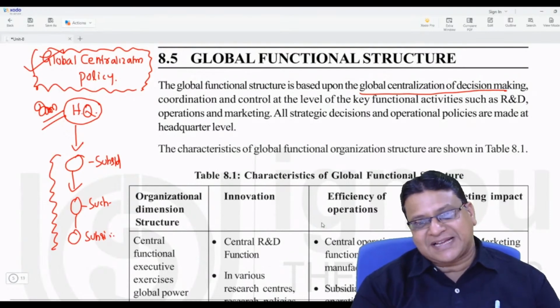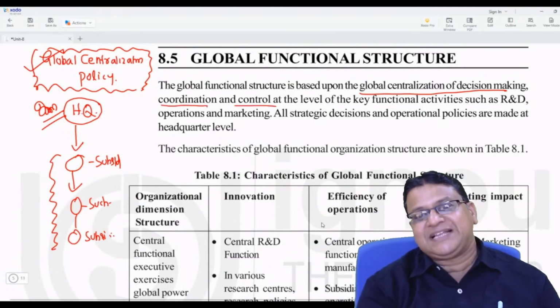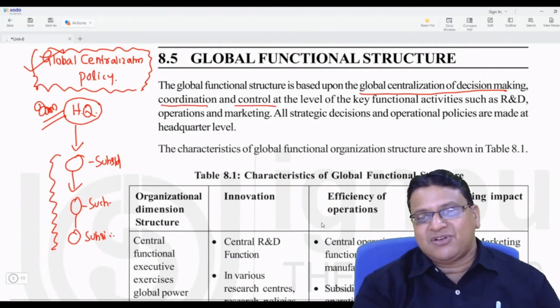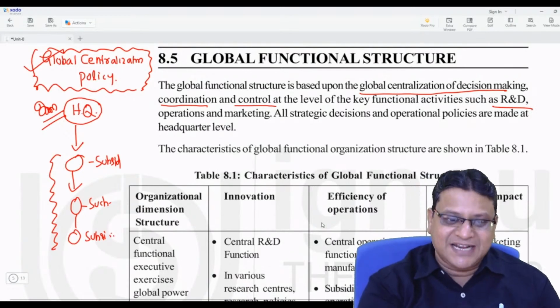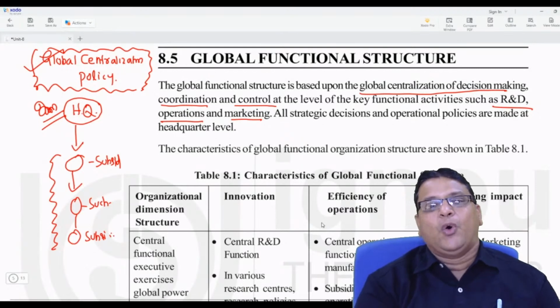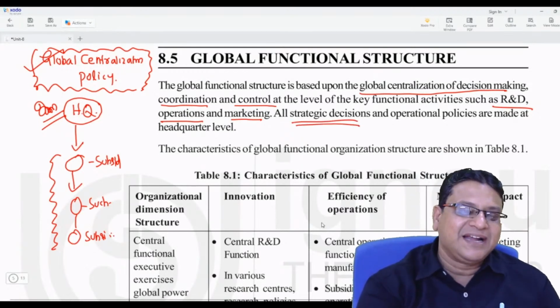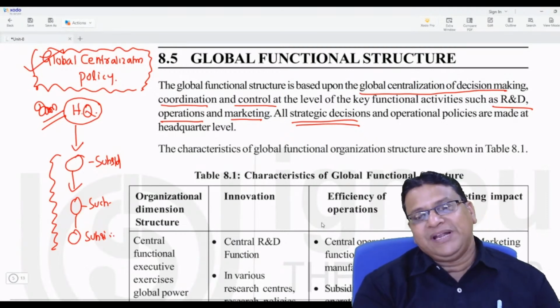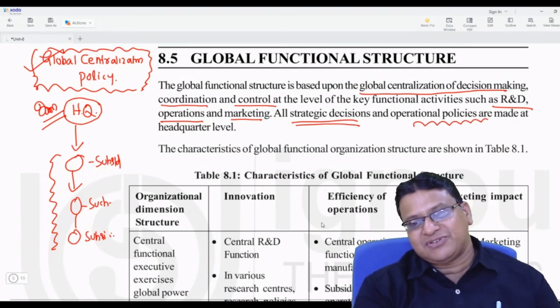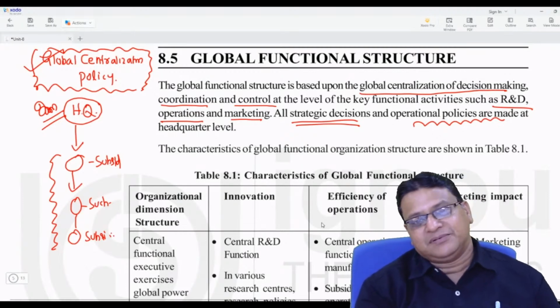So global functional structure is based upon global centralization of decision making. Here decision making is centralized, coordination and control activities are centralized, research and development activities are centralized, operation and marketing activities are centralized. All important strategic decisions are taken at headquarters level. Only the operational decisions are taken at subsidiary level.